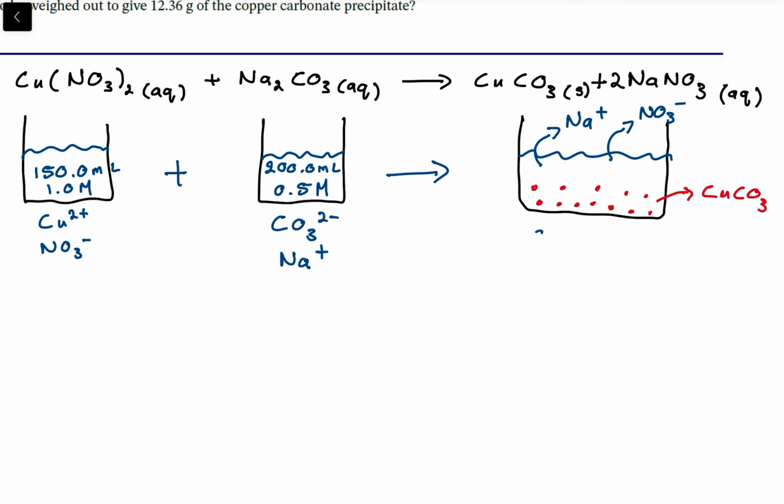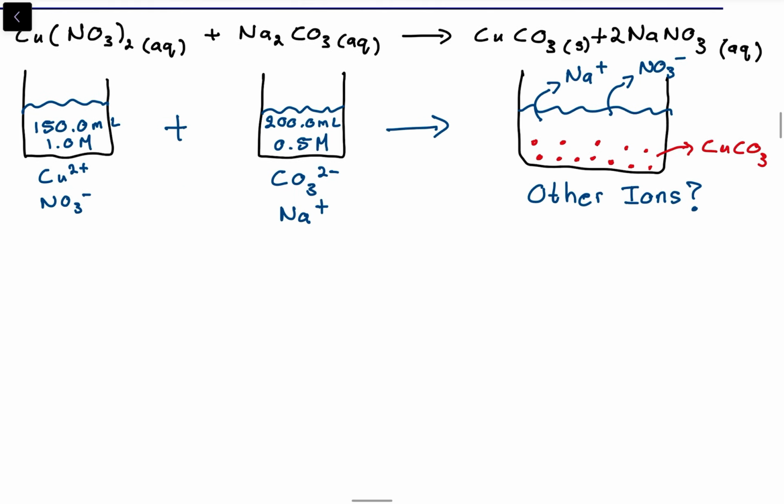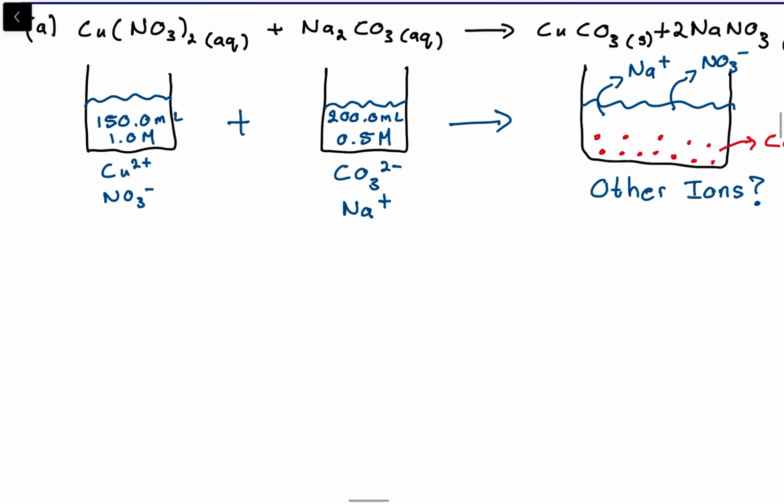So we can ask, are there any other ions still present? The only way we can do that is we must determine in our first step the number of moles of the copper nitrate and the number of moles of the sodium carbonate.